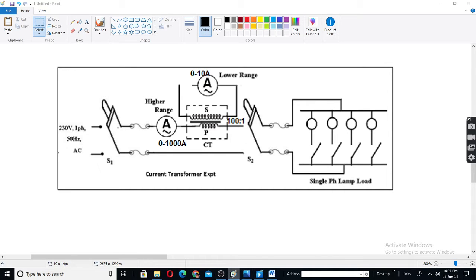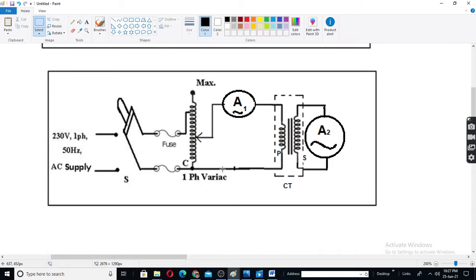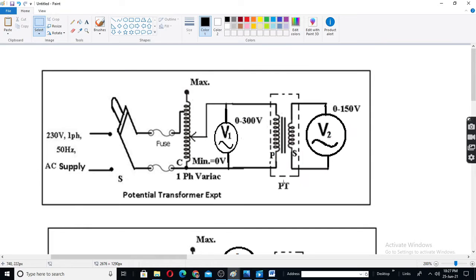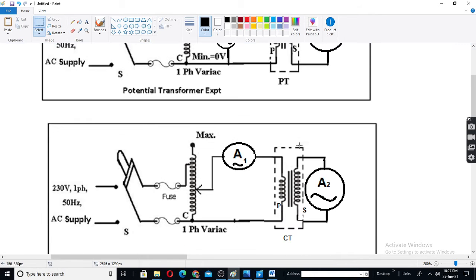When you wind a CT, you will have fewer primary turns than secondary. In a PT, you have a higher number of primary turns. In a CT, you have fewer primary turns, more secondary turns.